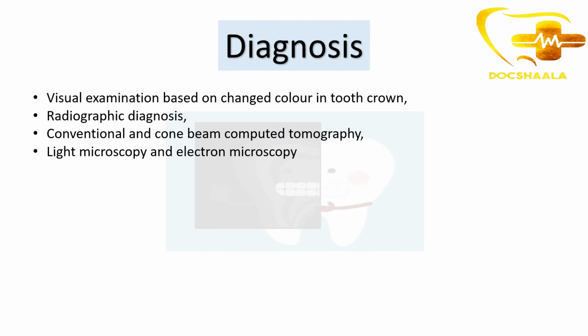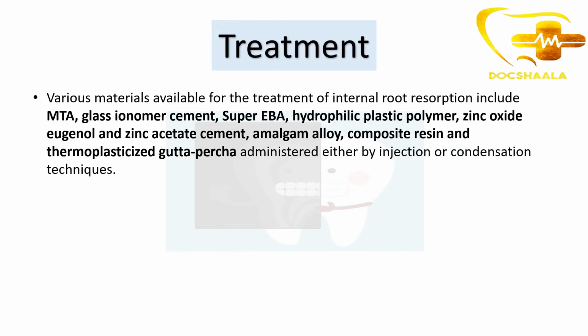Then the diagnosis involves visual examination based on change in color of the tooth crown, that is a reddish pink spot. Then radiographic diagnosis, as we have seen; conventional, cone beam CT, and light microscopy and electron microscopy may also be used. Then coming to the treatment.